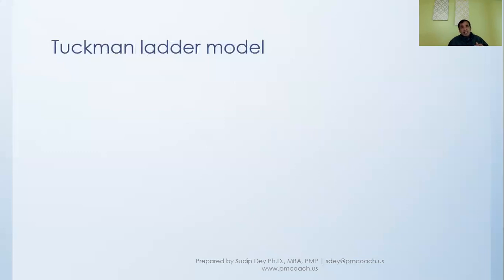Having said that, probably most of the teams do go through these stages, but there might be some which get stuck in one of those and won't move forward. Or for example, if the team has worked together before, then probably it will skip some of the steps. But by and large, this model says that a team will move through these different stages.